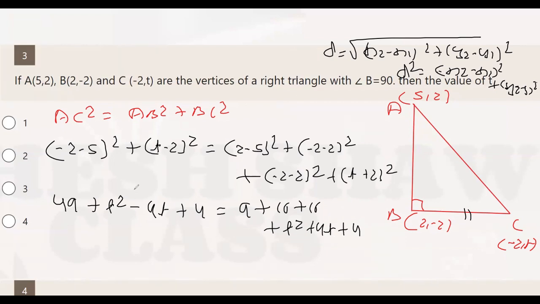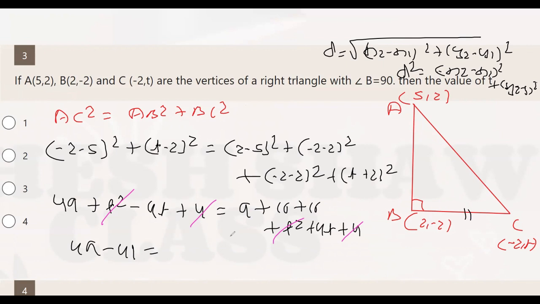Now what is getting cancelled here? I can see the variable t square getting cancelled, and 4 is also getting cancelled. Now if I take the constant terms, we have 49 left on the left hand side. What is the sum of these? 16 plus 16 is 32, 32 plus 9 is 41. If I bring this 41 to the left hand side, it is negative 41.